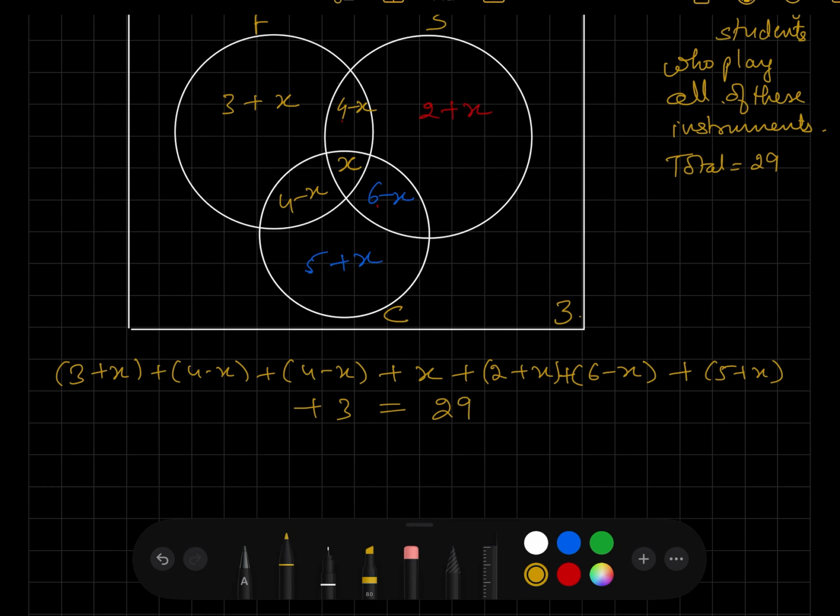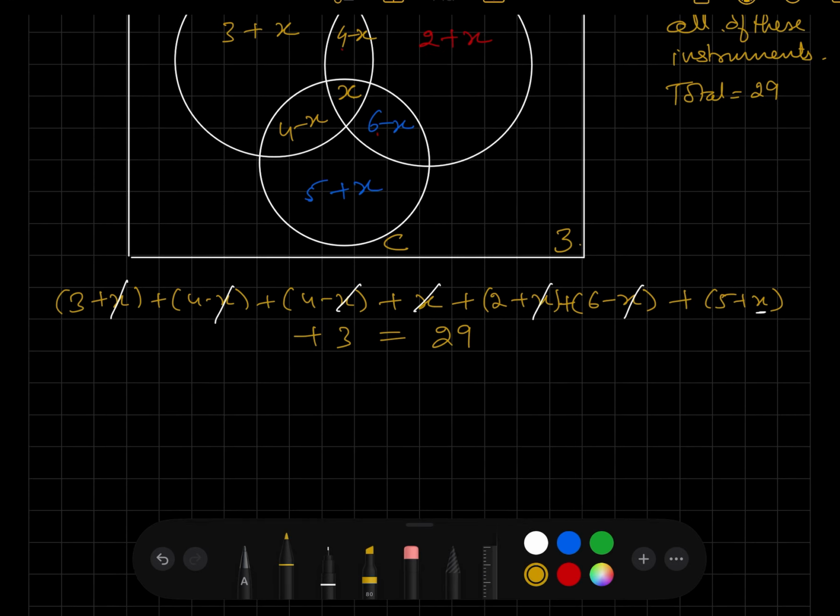So how many x's now? Minus x plus x minus x plus x, so we are left with only 1x here. Then 3 plus 4 is 7, 7 and 4 is 11, 11 and 2 is 13, 13 and 6 is 19, 19 and 5 is 24, 24 and 3 is 27.